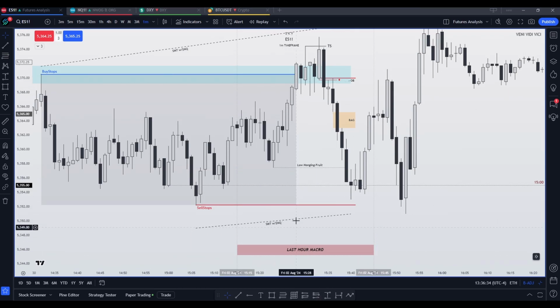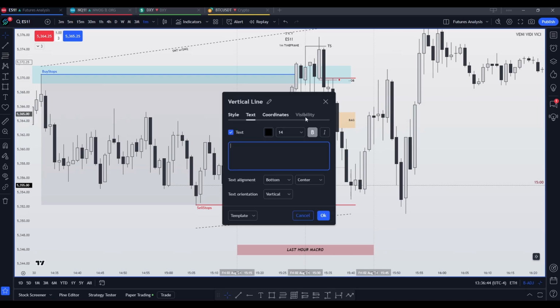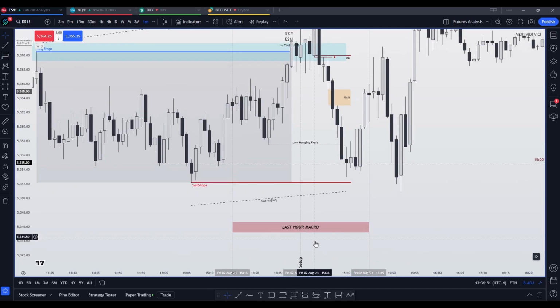In this case, we took out these buy stops. We took out that liquidity level. Then from 15:30, we want to chase and hunt for our setup. So we have this 15-minute time window for us to search for a trade. You can see our trade, it's inside of this.